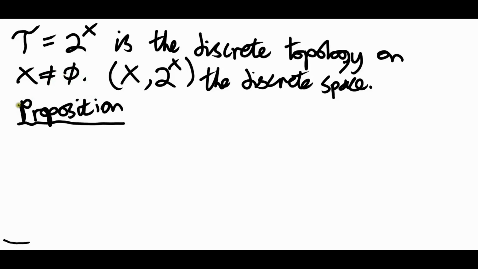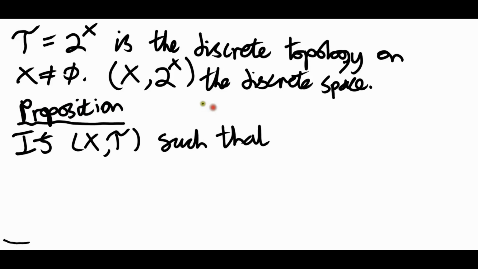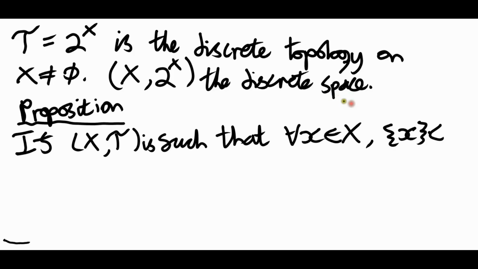So, if we have a topological space (X, tau) such that for every element x of X, the set which just contains x is an open set, then tau is the discrete topology.